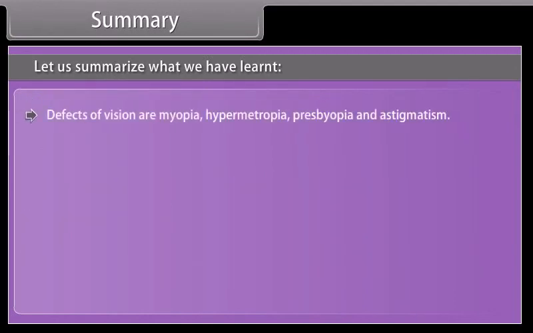Defects of vision are myopia, hypermetropia, presbyopia, and astigmatism. Magnifying power of a microscope, m is equal to D into (1/f + 1/v).